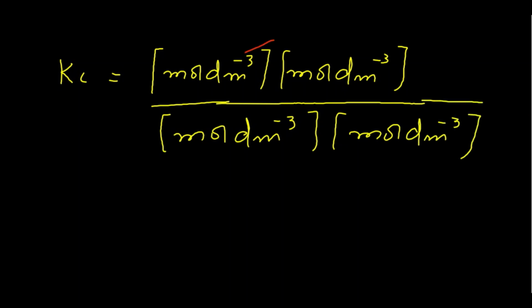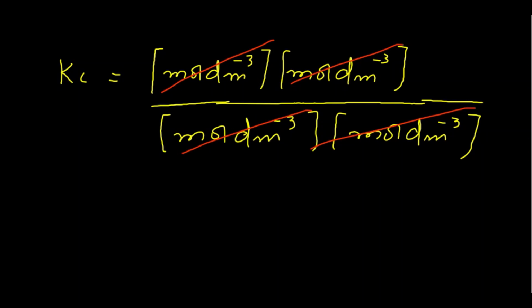Now students, here we see the total number of moles of reactants and products are equal. That's why they will be cancelled out, right students.